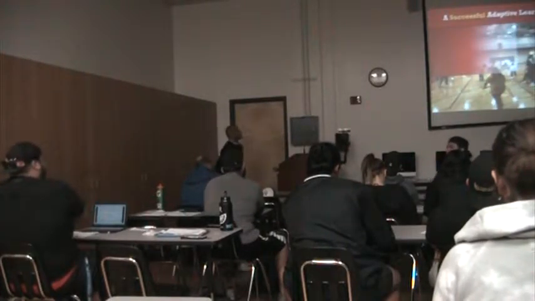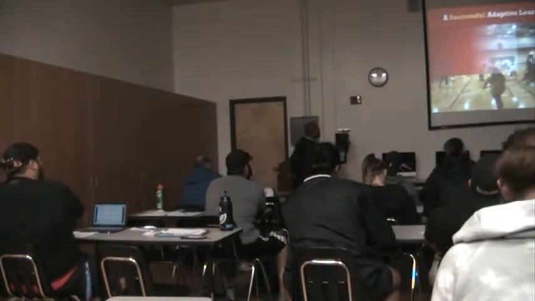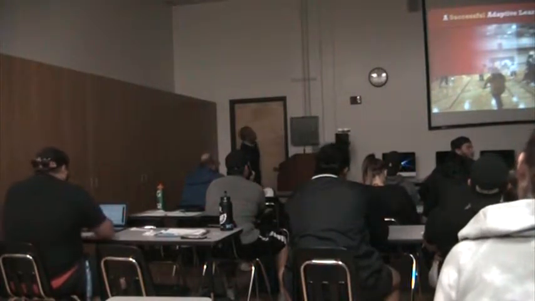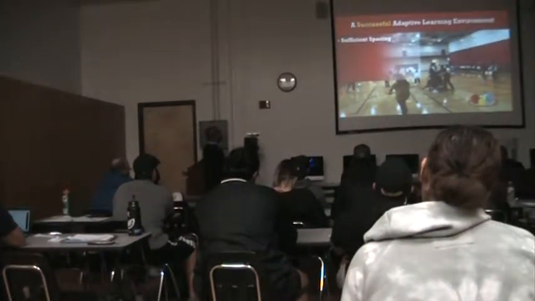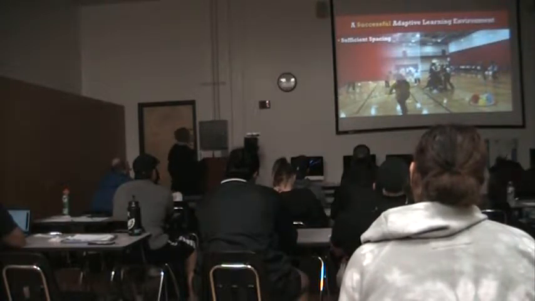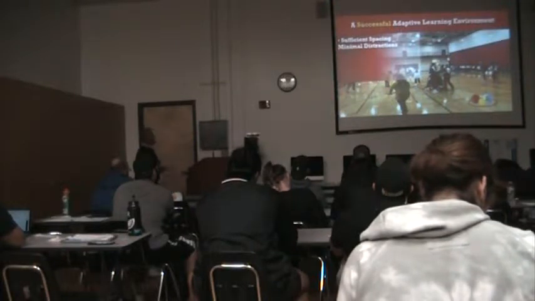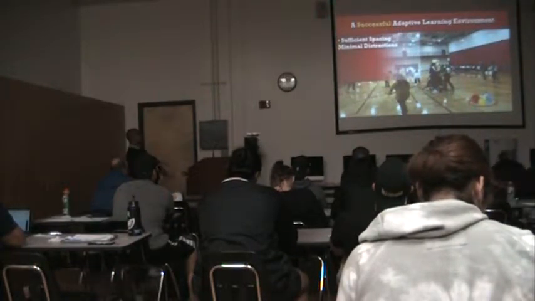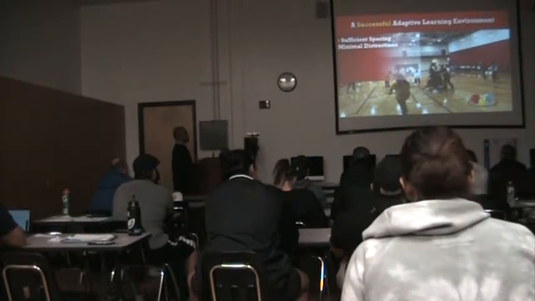So in this image here, it's a good example of what that successful adaptive learning environment looks like. As you can see, right off the bat, there's a sufficient amount of space. You don't want too much space, you don't want little space, you want a sufficient amount. And then we have minimal distractions, which is really huge when it comes to students with special needs, because they tend to get more distracted than the average student.